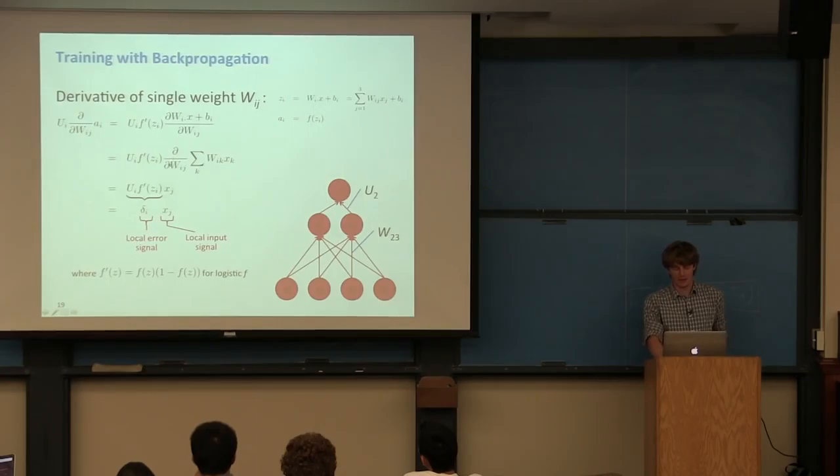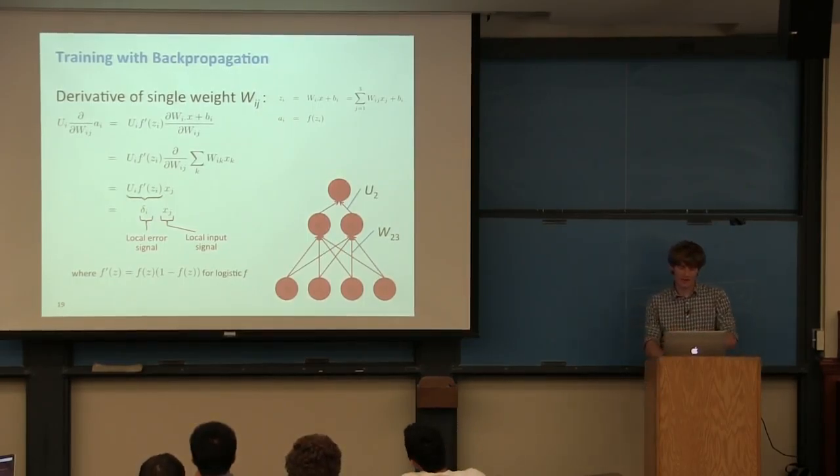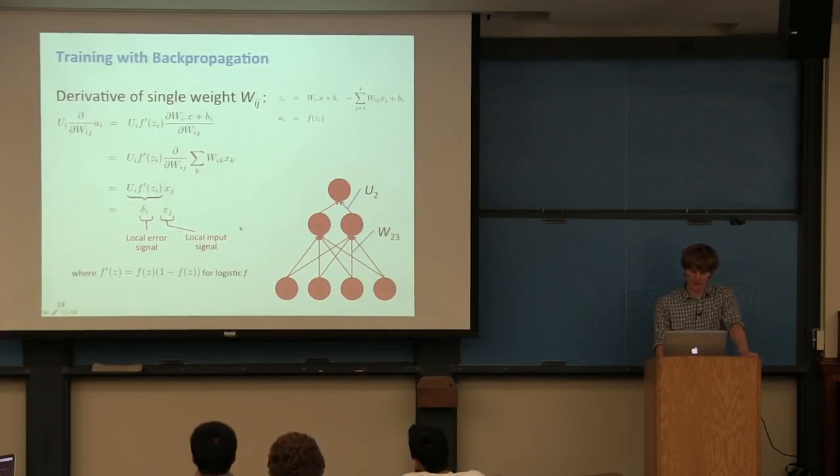So now we are going to define, and this is the first important step of backprop, ui times f prime of zi as a new local error signal. Sometimes you can also call it an error message. And that will be our delta I. And we have xj, which is our local input signal.